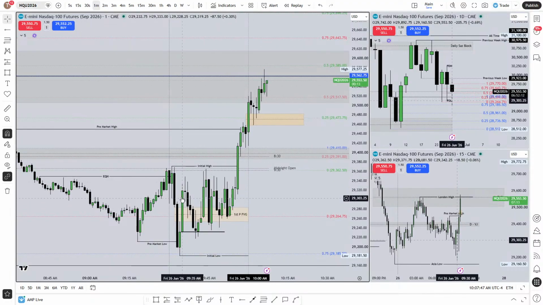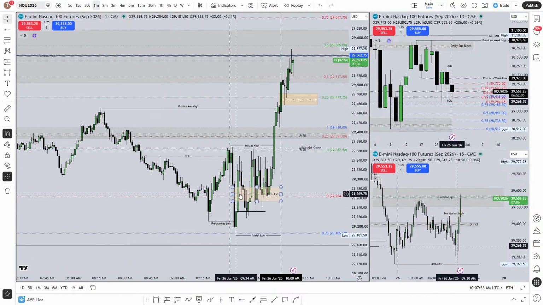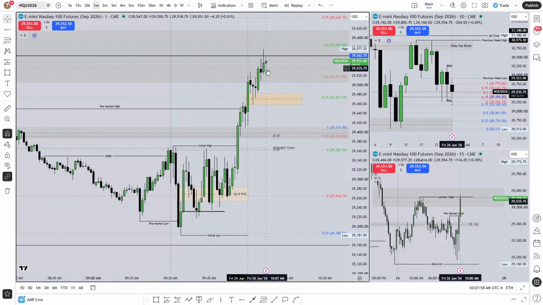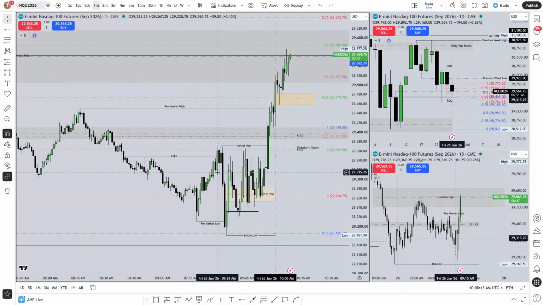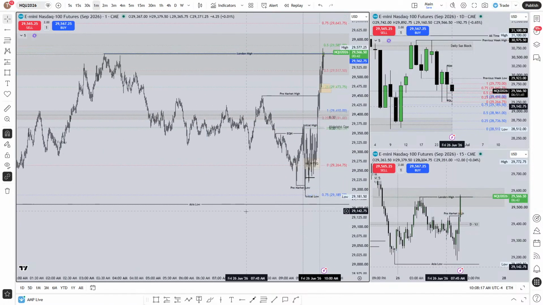So since all of this is balanced, right, it's going to take a really strong move to get below all of this. So I'm thinking if I am to take a short, if one does present itself, this would probably be the best draw. Because I would assume, unless we get a really fast move, when we get down to this area, since this is all balanced, it's going to be a lot tougher to get through, unless we just absolutely tank to these equal lows.